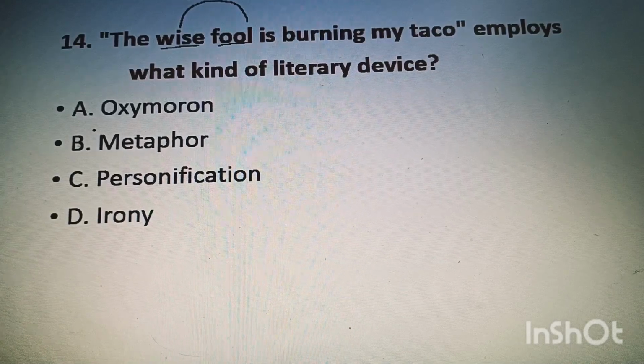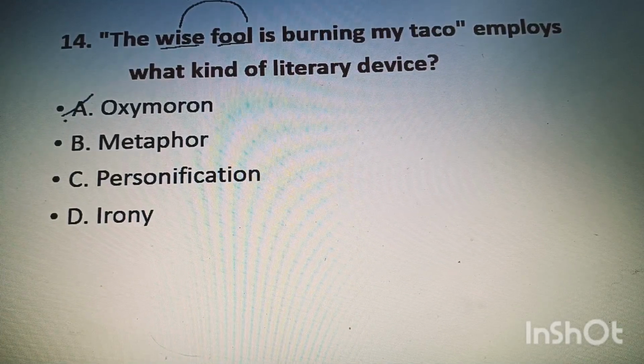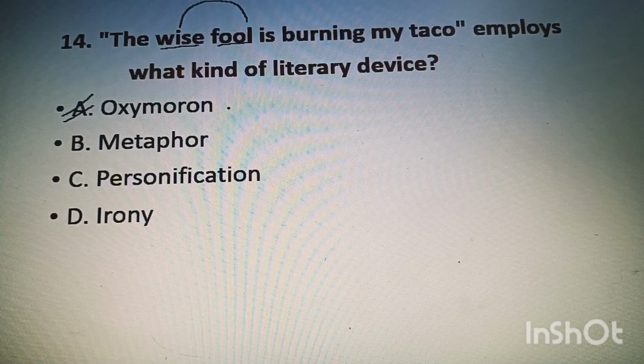What is it? Oxymoron. Clear? Like mighty dead in A Thing of Beauty. So oxymoron means when two words or two ideas are contrast, opposite to each other. That is oxymoron.